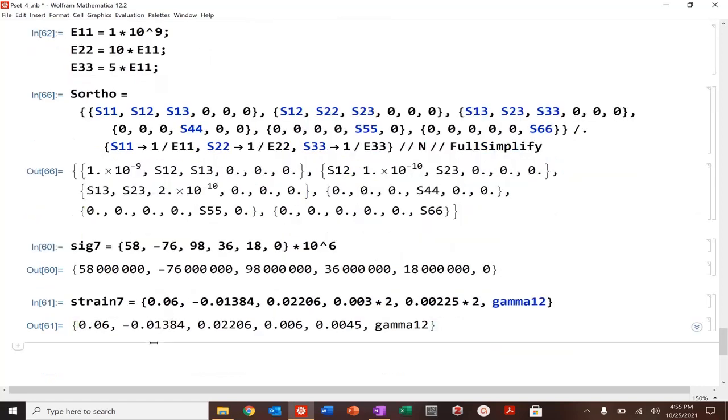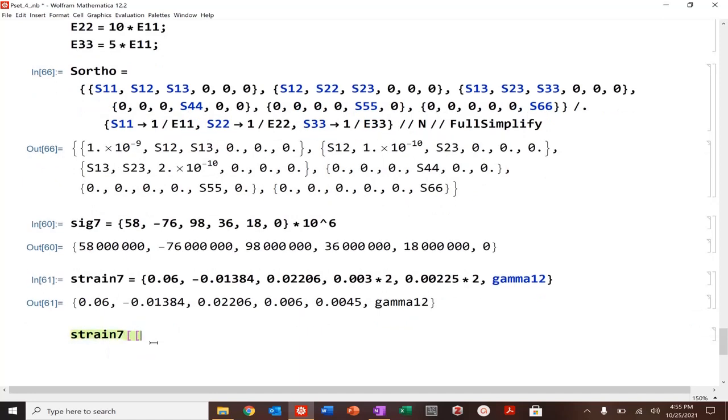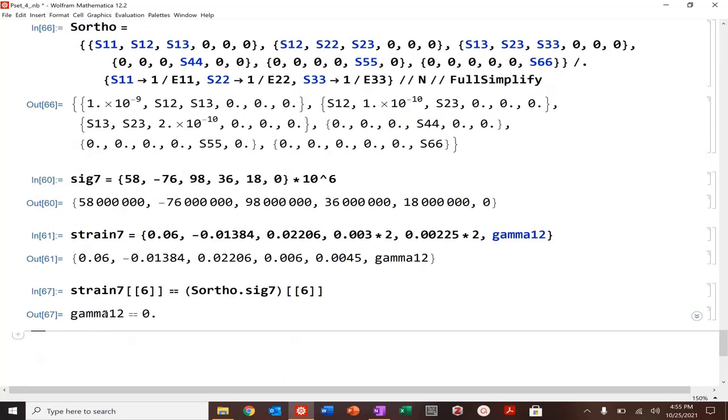So one of the nice things that I can do is start with strain 7. For example, I could pull out the sixth equation from S ortho dot sigma 7. So now I see that gamma 12 should be equal to S66 times the shear stress.